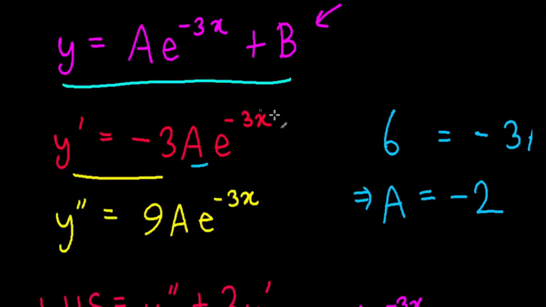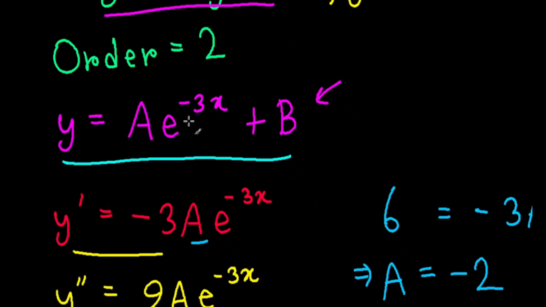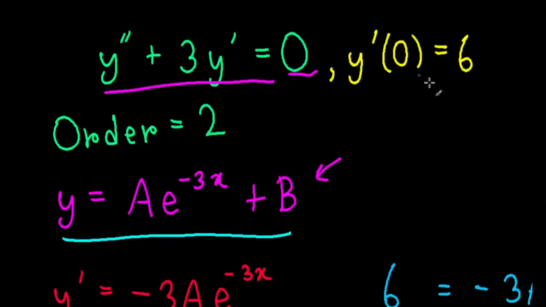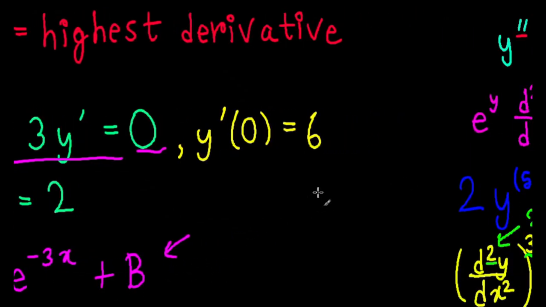And this is exactly what I was trying to show you: this is a second order differential equation. As you can see, in the general solution you have two constants, and you don't have enough initial conditions to solve for both of them. In general, if you have fewer initial conditions than your order, you cannot find a particular solution.